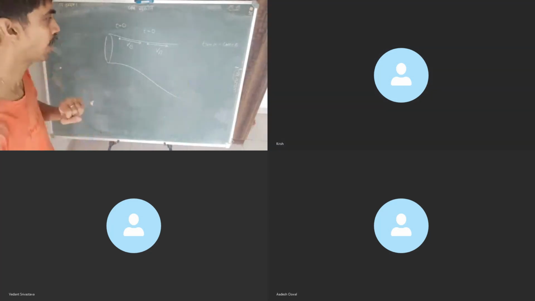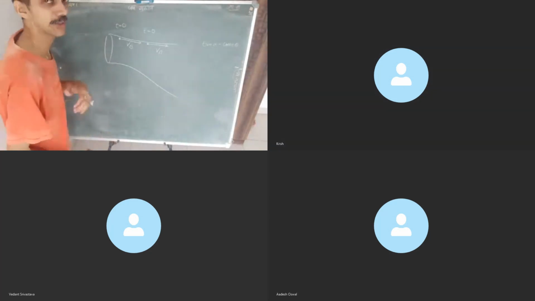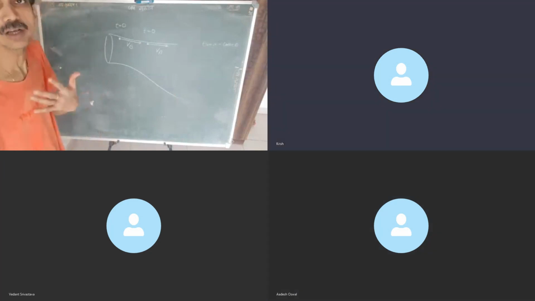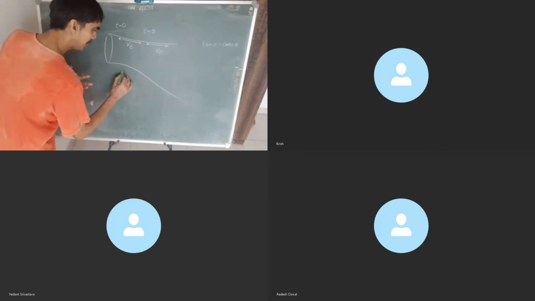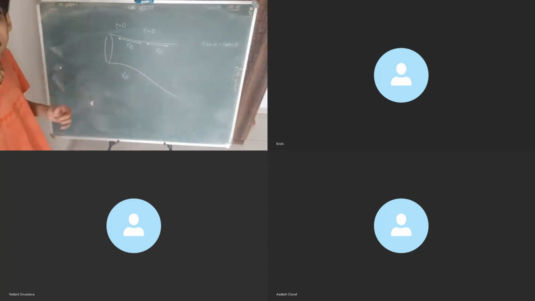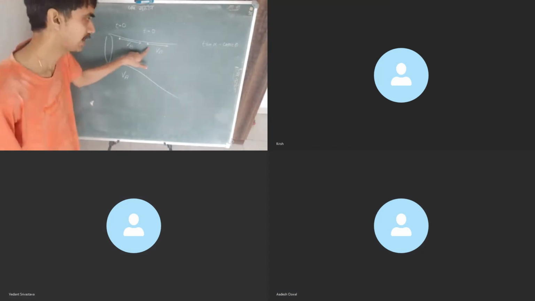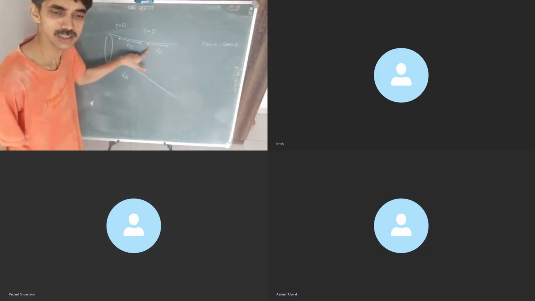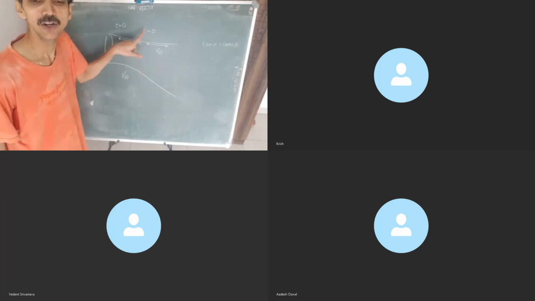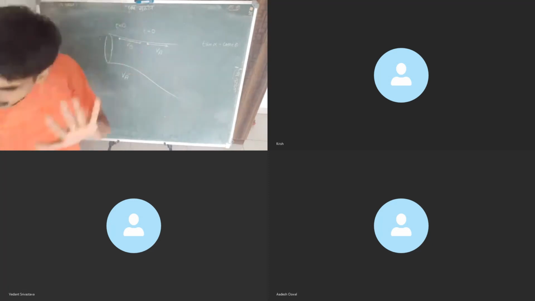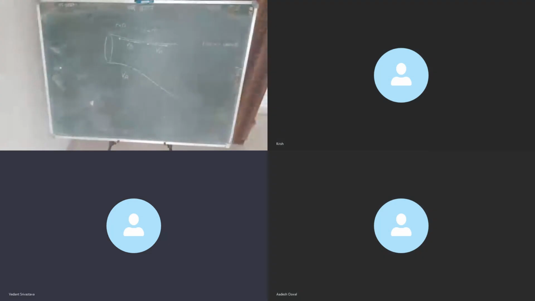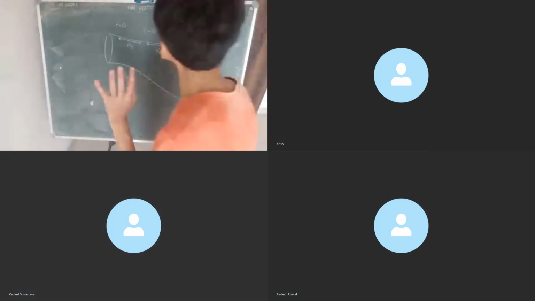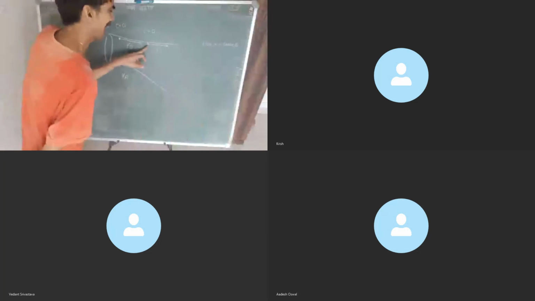What are the possibilities? One observation could be that B will have the same velocity as A had. That can be one situation.